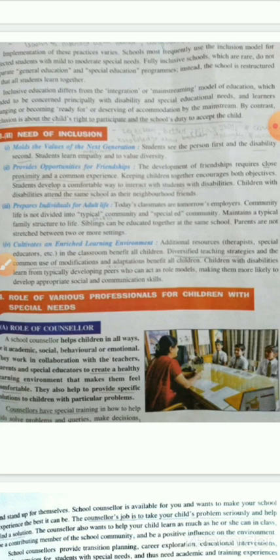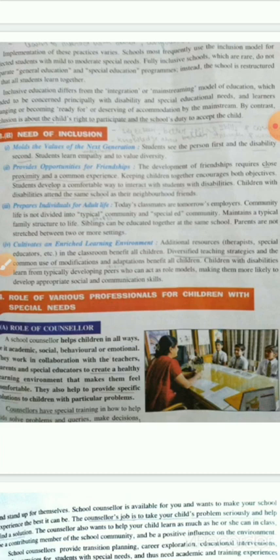Diversified teaching strategies and the common use of modifications and adaptations benefit all the children. We use different types of teaching methods and strategies for the disabled person.